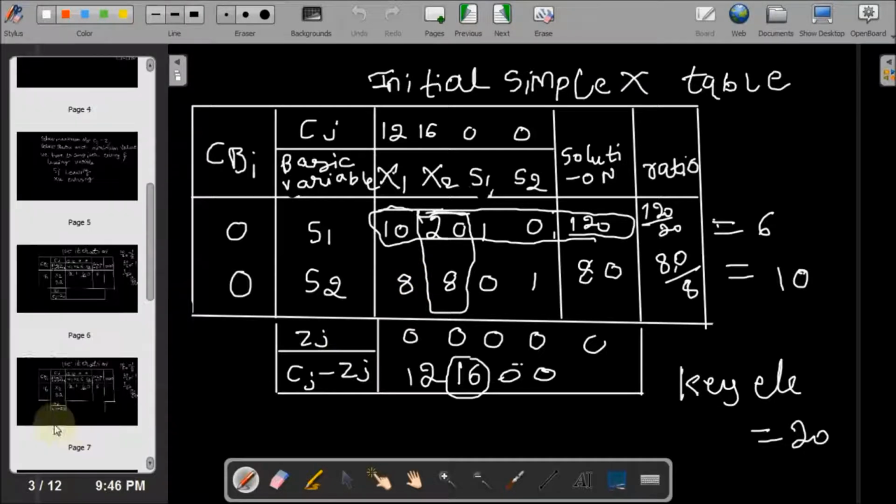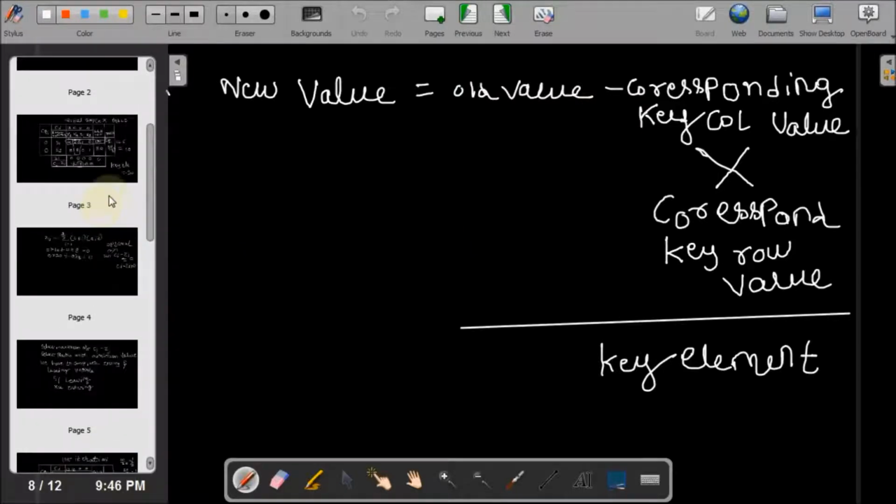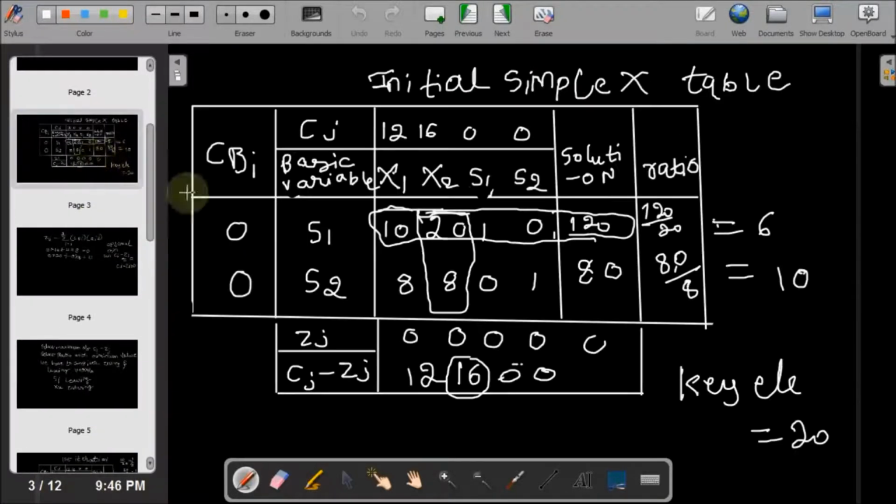But what is the formula here? Formula. Old value minus corresponding key column value. So what is my corresponding key column value? See, how you have to find out the corresponding key column value. Remember one thing, key column value will remain same for all the values.